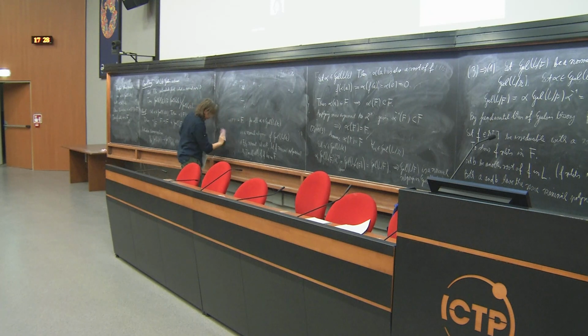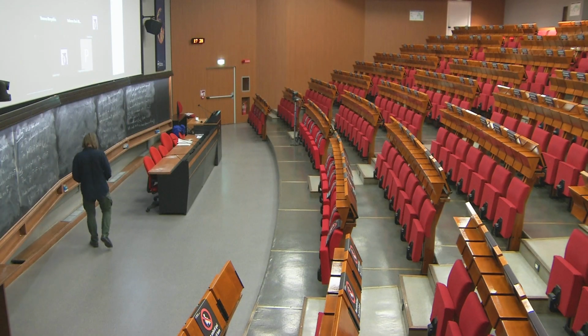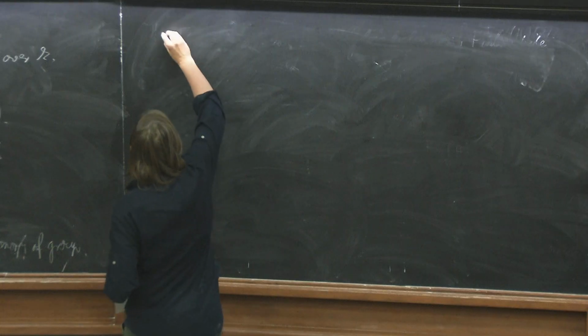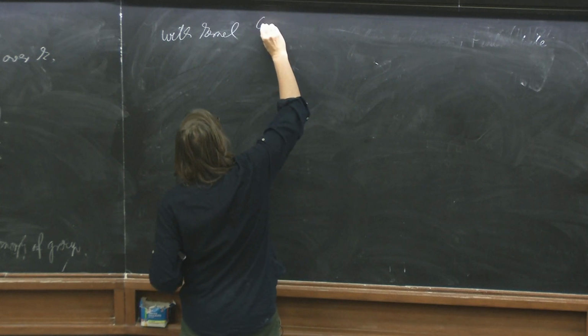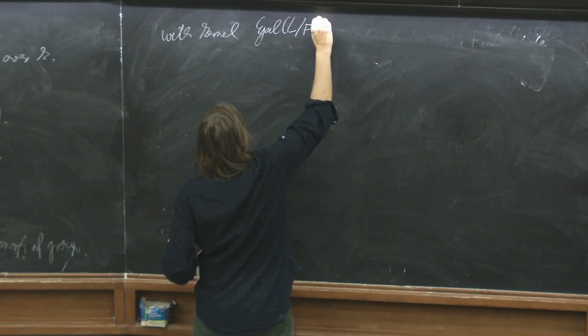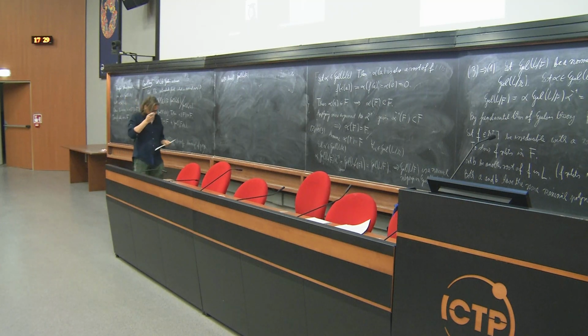When does an element act as the identity on F? Well, if and only if it lies in the Galois group of L over F. So that is the kernel. Because by definition, the Galois group of L over F consists of all elements in the Galois group of L over K which act as the identity on F. So that's precisely the definition of the kernel.